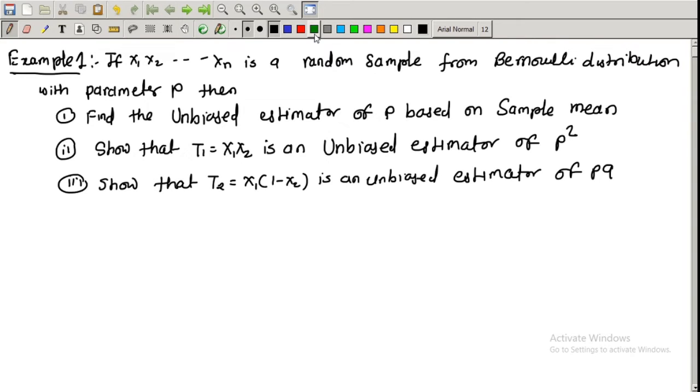Number 2 is show that T1 is equal to x1 into x2 is an unbiased estimator of p square. And number 3 is show that T2 is equal to x1 into 1 minus x2 is an unbiased estimator of p into q. So we consider first the answer of the first part.